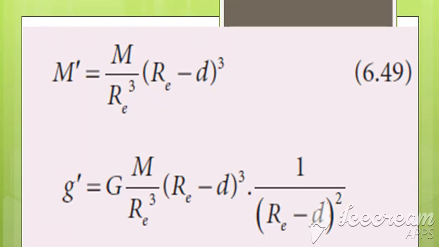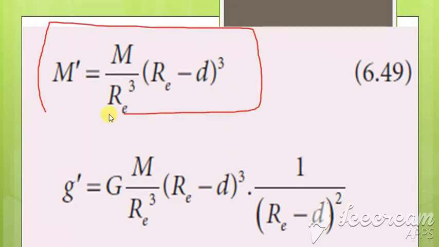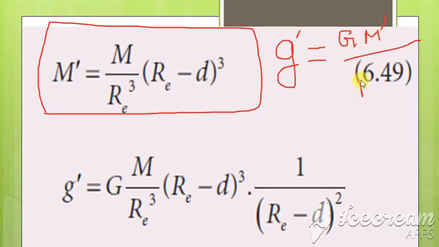Now substitute the value of this m dash in the first equation. Okay, so the first equation we saw is g dash, which is equal to G into m dash divided by Re minus d the whole square, is it not?